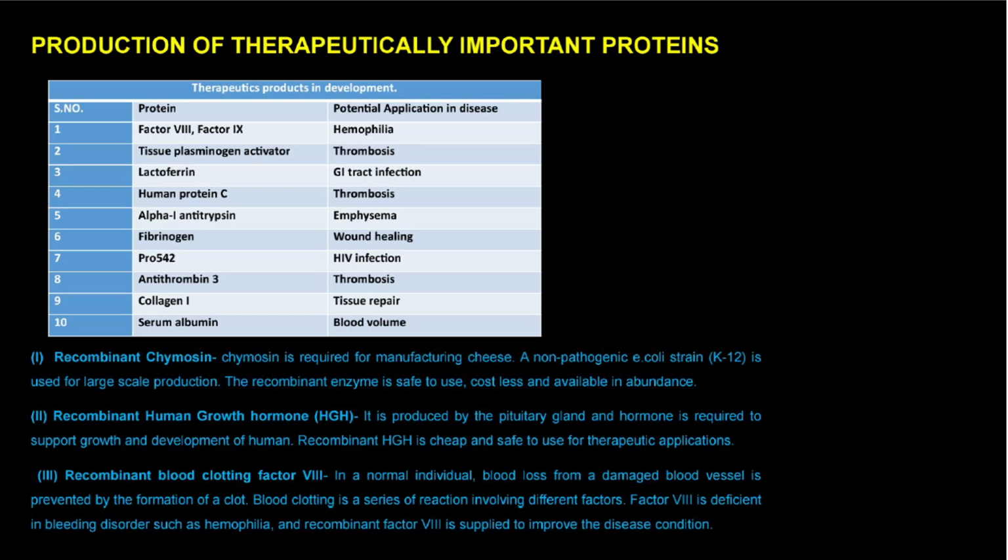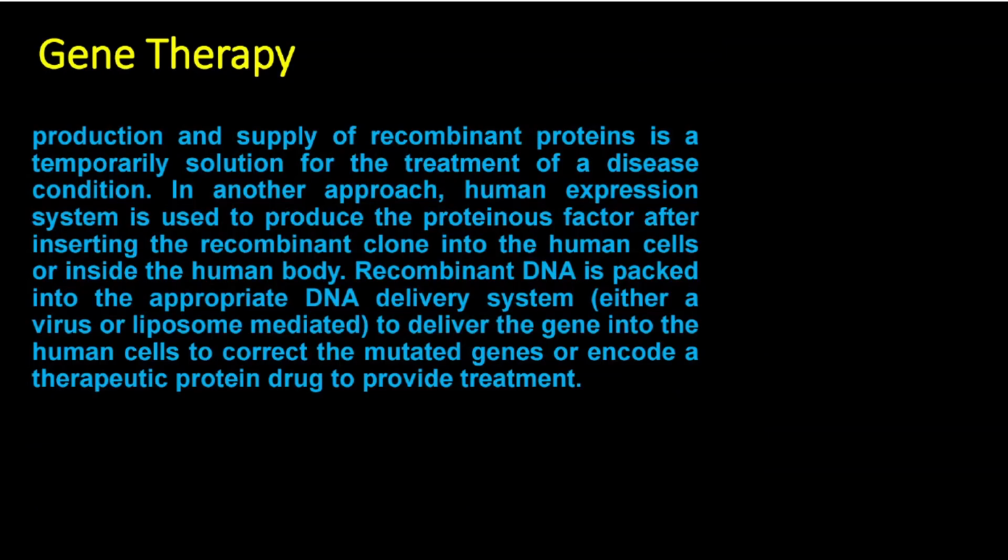All of these proteins are therapeutically important and can treat one disease or another. Again, we are not going into the detail of recombinant chymosin, human growth hormone and blood clotting factors, because I've told you these are important.